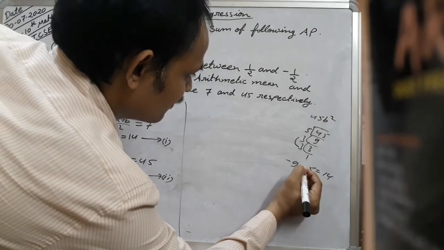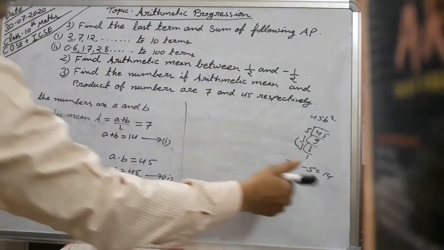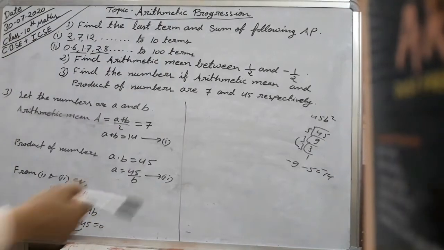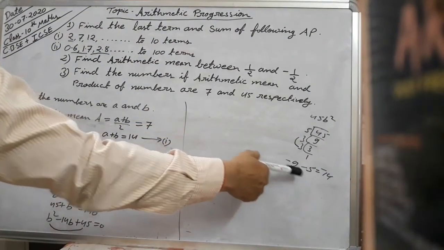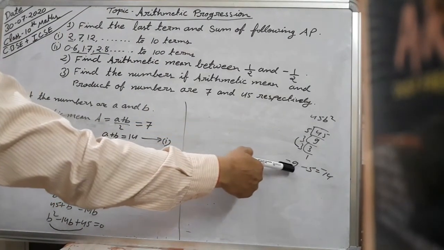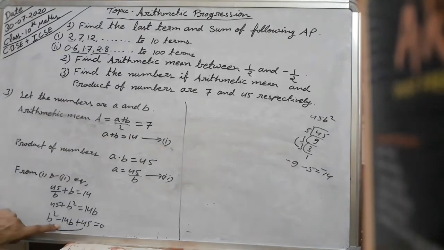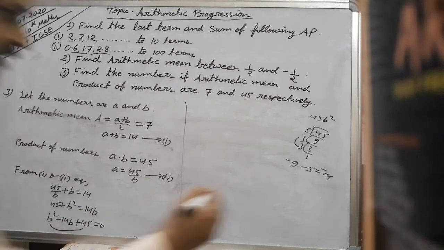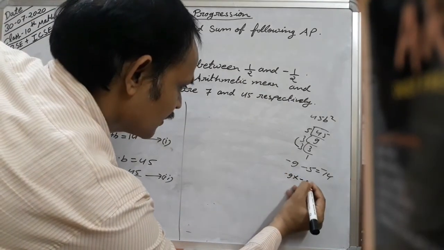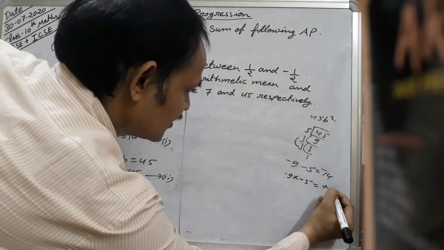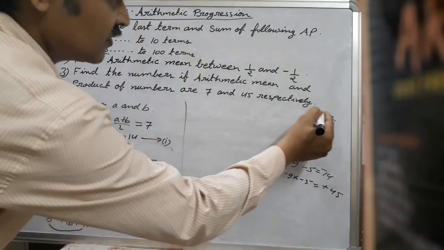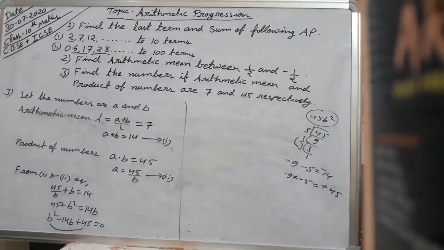Minus 9, minus 5, same sign is there, therefore we have to add that one. 9 plus 5, 14, and the sign will be minus 14. You got minus 14 midterm. And minus 9 into minus 5, you will get plus 45. Here it is plus 45.